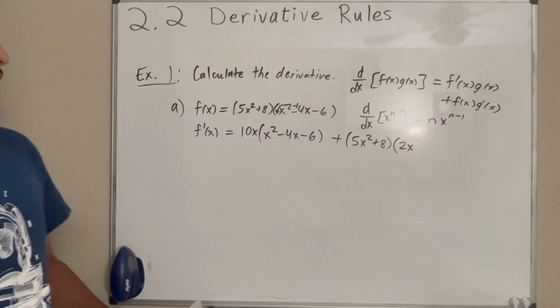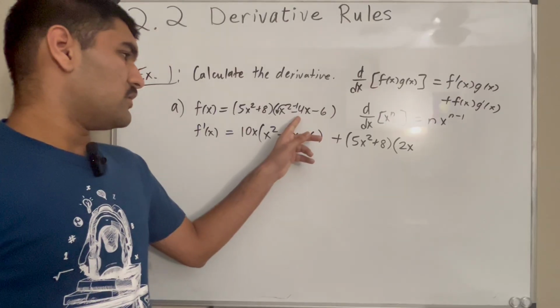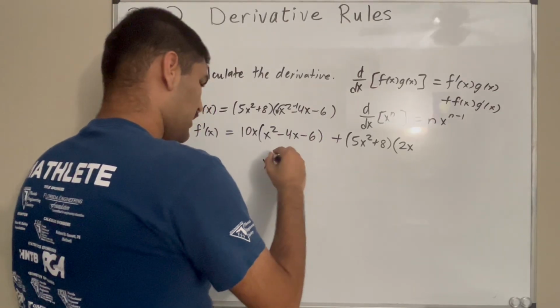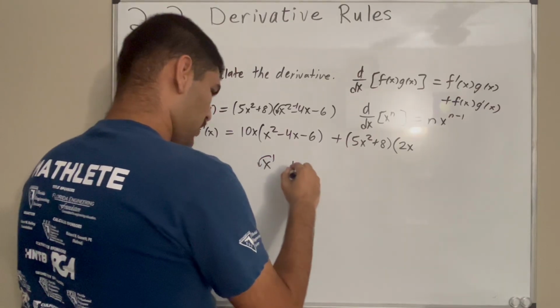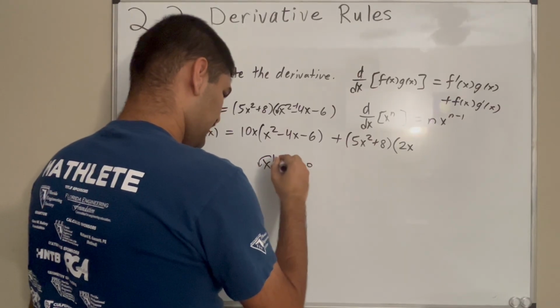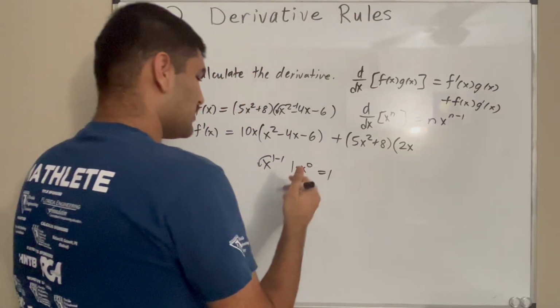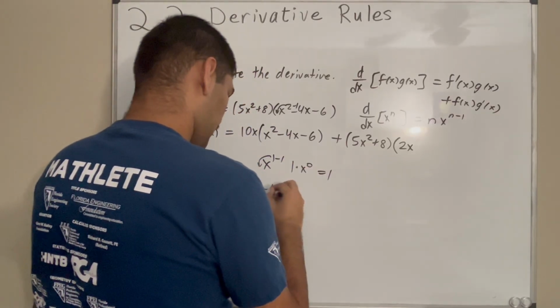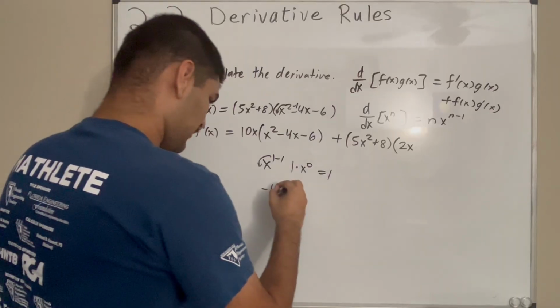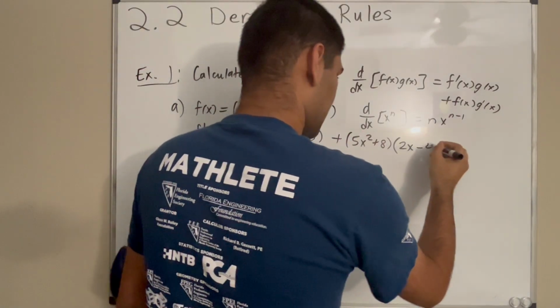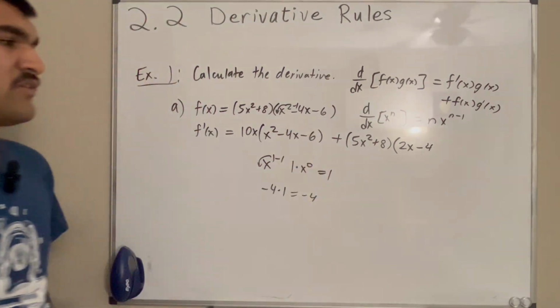So the derivative of x by the power rule is just 1 times x to the 0, right? Which is just 1. So then you really just have negative 4 times 1, which is negative 4. So the derivative of negative 4x is negative 4. And then again, negative 6 is a constant, so that's just 0.